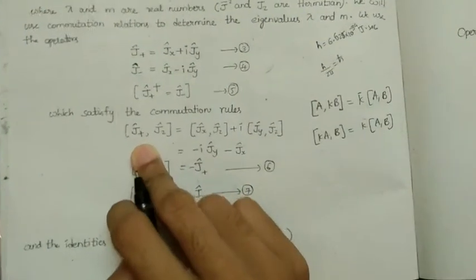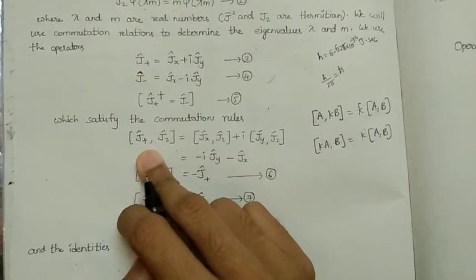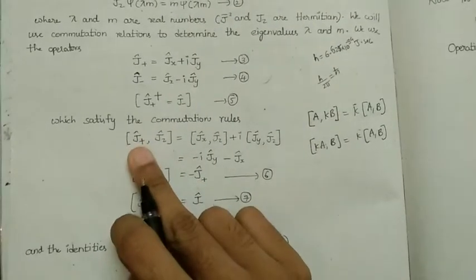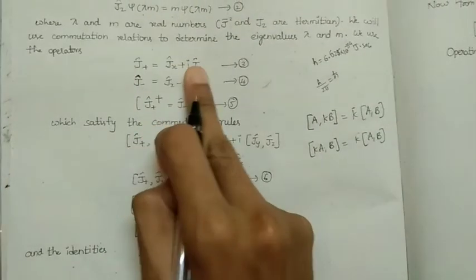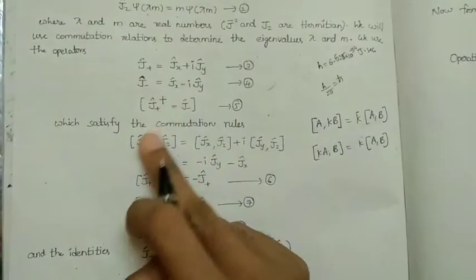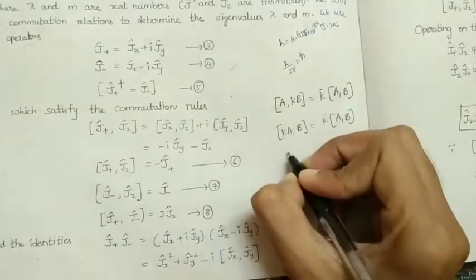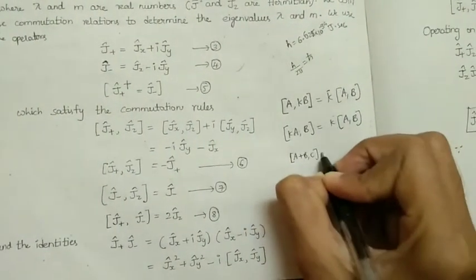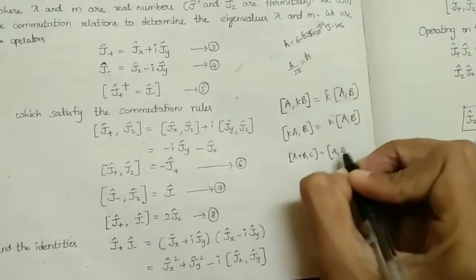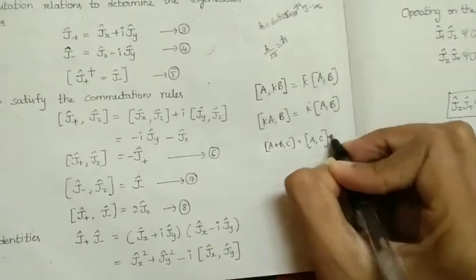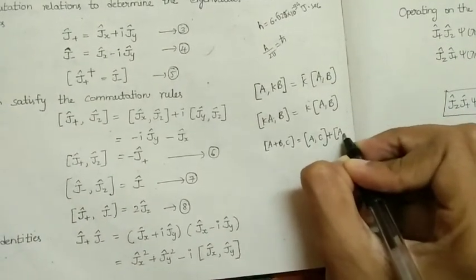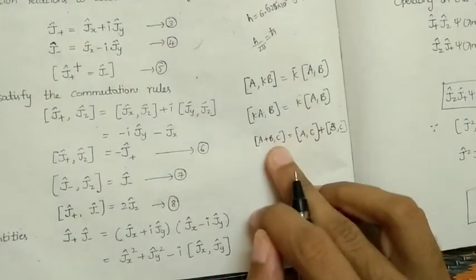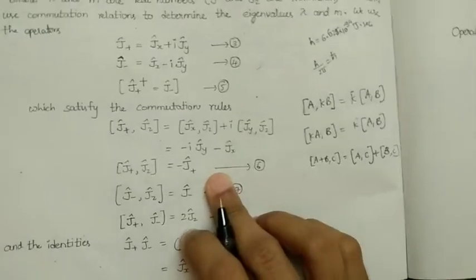So let's have a look at these commutation rules. The commutation of J plus comma Jz, as we already know that J plus is nothing but Jx plus iJy. As we know, the commutator of a plus b comma c is a comma c plus b comma c, so it is distributive.